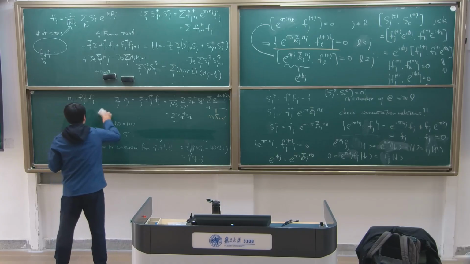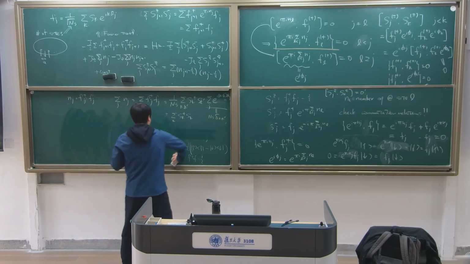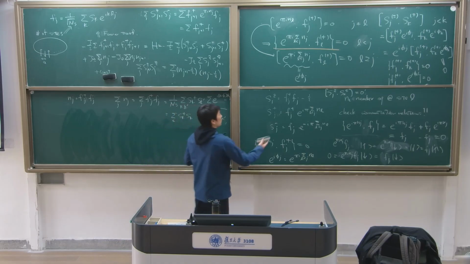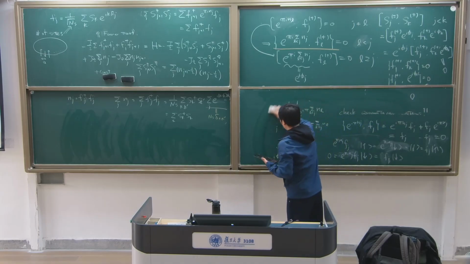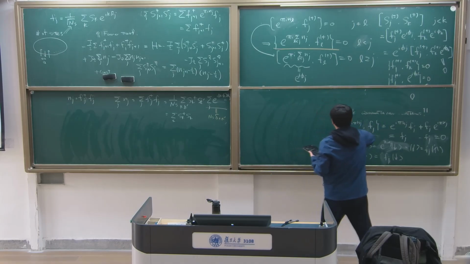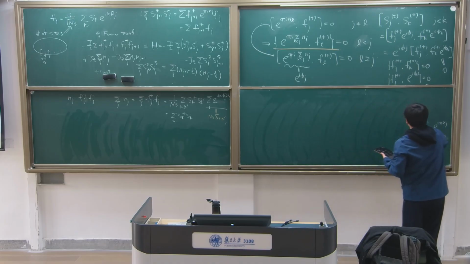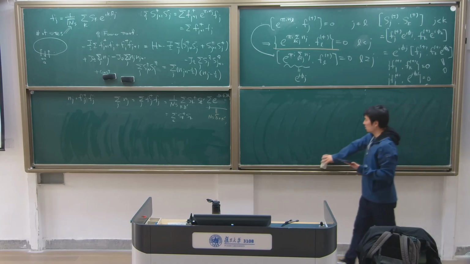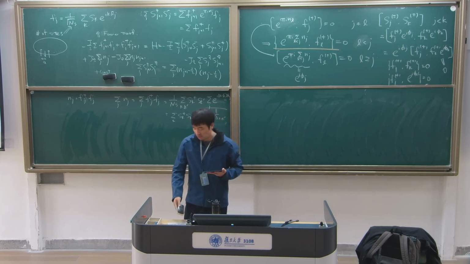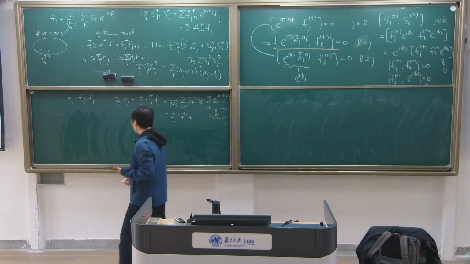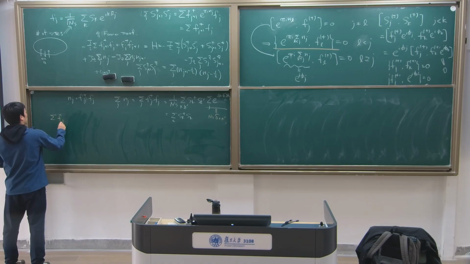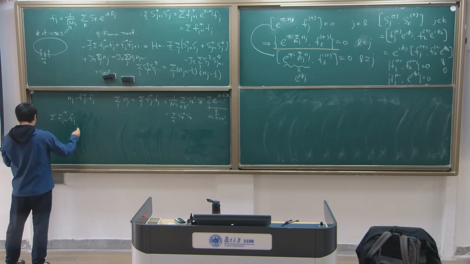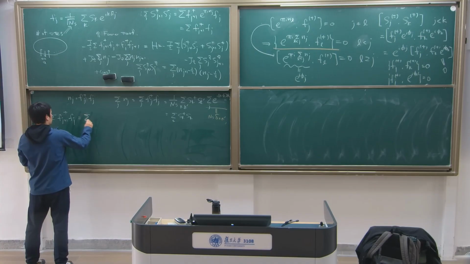I think what I need to do is erase. Do the same thing with the sum over Fj plus 1 dagger Fj.